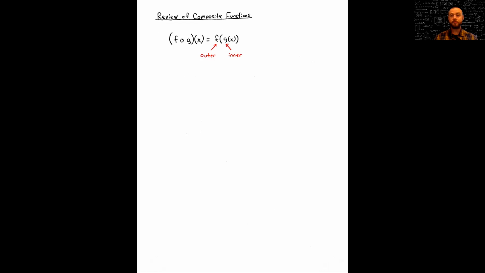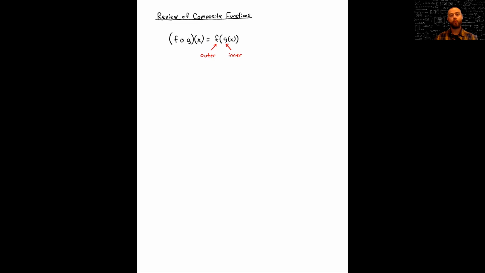Okay, so this notation hopefully looks familiar. The circle there, that operation, is what we call the operation of a composition or composite function. So that's f composite g of x, and we write this as f of g of x, plugging g of x inside of f of x. Hopefully the notation makes sense.